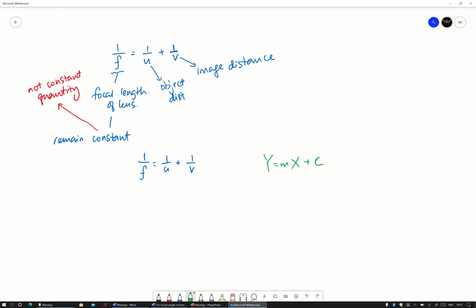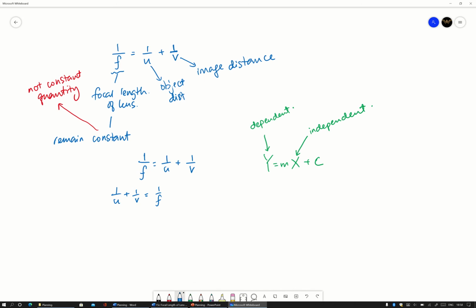So what I'm going to do, for y equals mx plus c, we know y has to be the dependent. So we're going to flip the equation the other way around. And this is what I meant: 1 over u plus 1 over v equals 1 over f. And we know that in the y equals mx plus c, x is the independent variable.